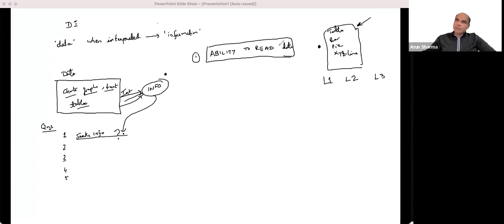Now, in these topics, please understand there's no theory in data interpretation, unlike quants where in every chapter you have to do the theory and the basics.